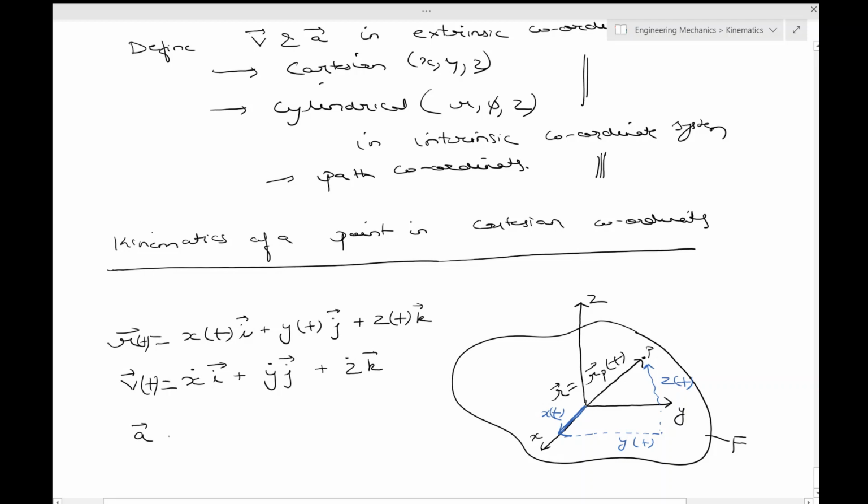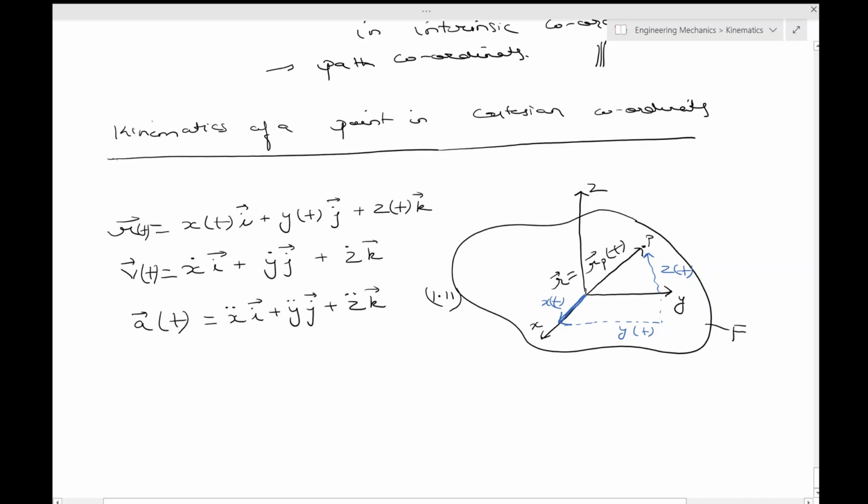Similarly, the acceleration of this is equal to x double dot okay. So this is how we can write the position and the velocity and acceleration.